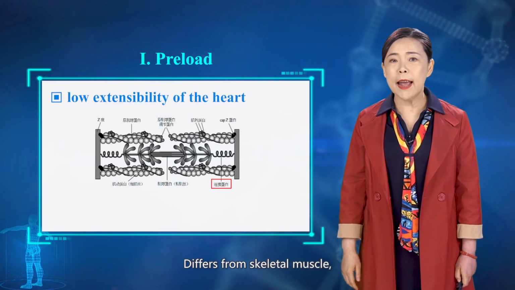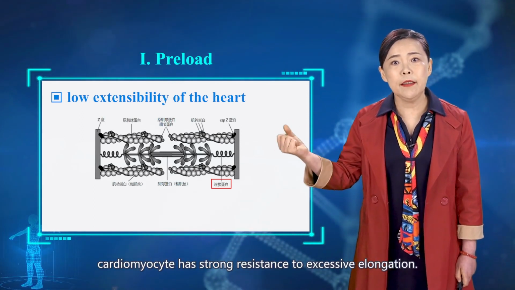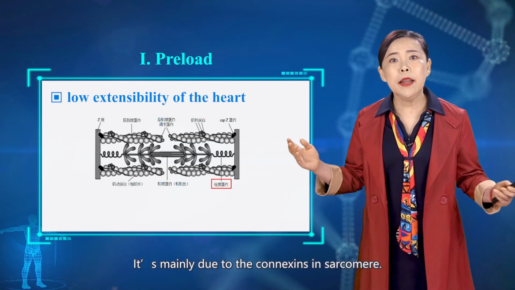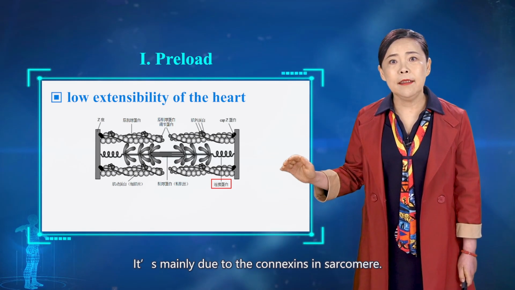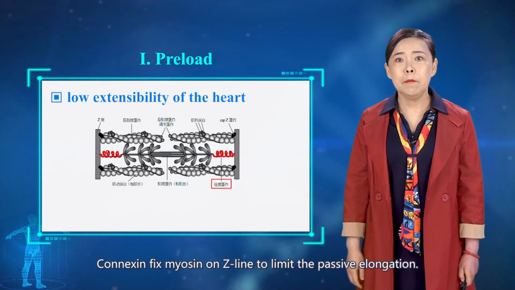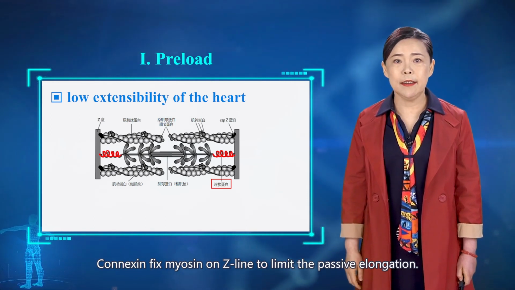Differing from skeletal muscles, cardiomyocytes have strong resistance to excessive elongation. It's mainly due to the connectin in sarcomere. Connectin fixes myosin on Z-line to limit the passive elongation.